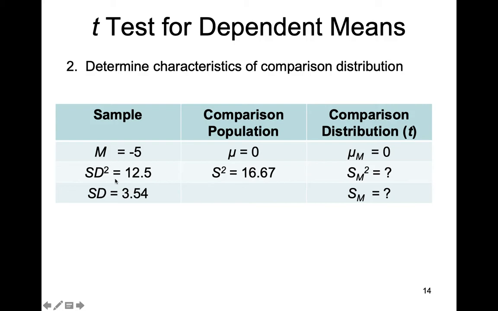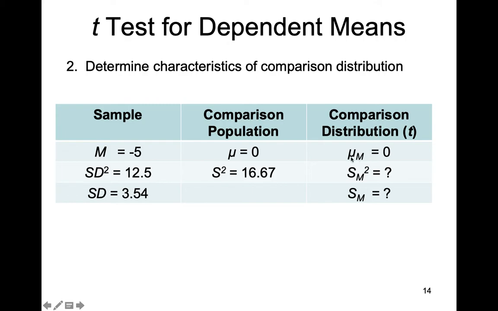Notice the notation, not SD squared, but S squared. Okay, this is instead of having sigma squared, we're going to use that S squared as our estimate of population variance. Okay. Our comparison distribution is a distribution of means.